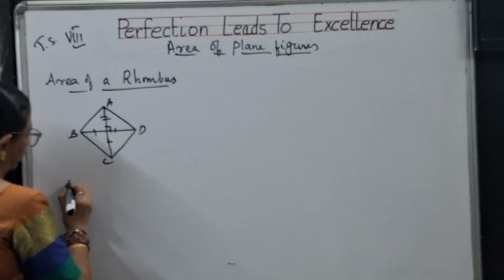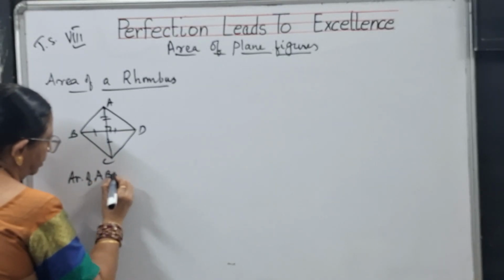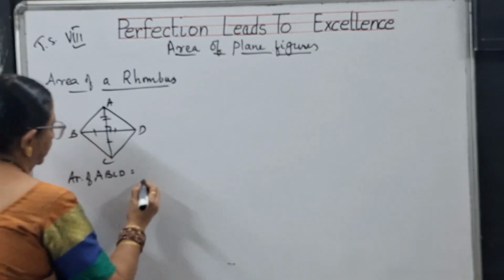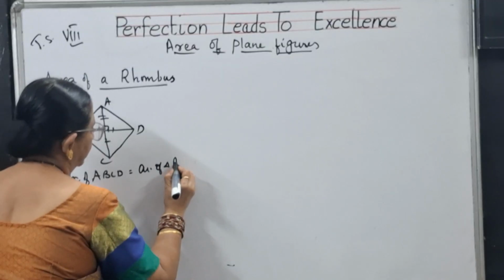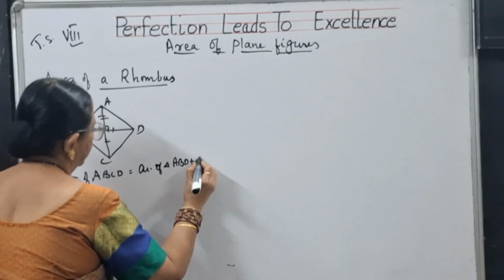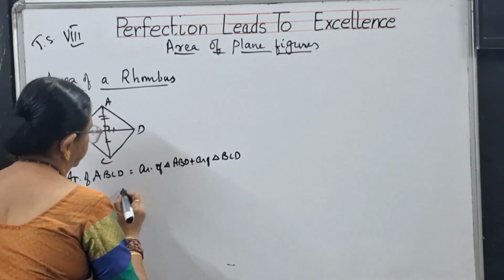So here, if you want the area of ABCD, you are getting the area of triangle ABD plus the area of triangle BCD.